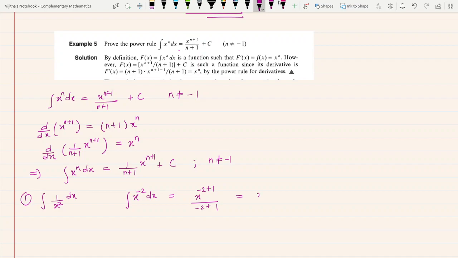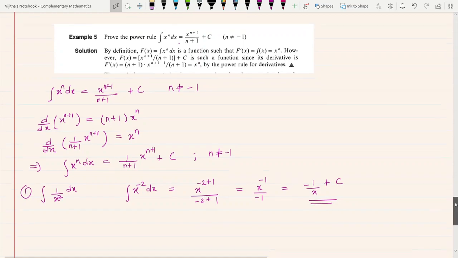So this becomes x raised to 1 minus 2, so it is minus 1 by minus 1, which is nothing but minus 1 by x plus c. So in this way we can find the integral of 1 by x square.